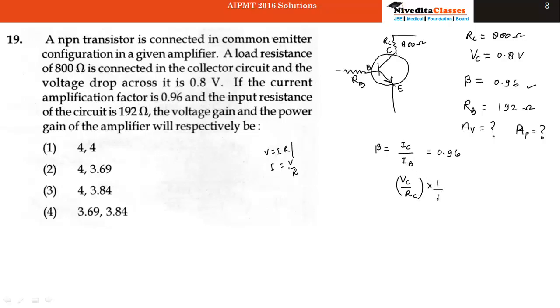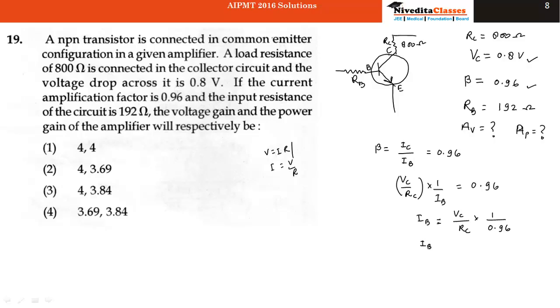Into 1 upon IB, that is equal to 0.96. From here we can find base current IB is equal to Vc upon RC divided by 1 upon 0.96, and here Vc is 0.8 volt and RC is 800 ohm.